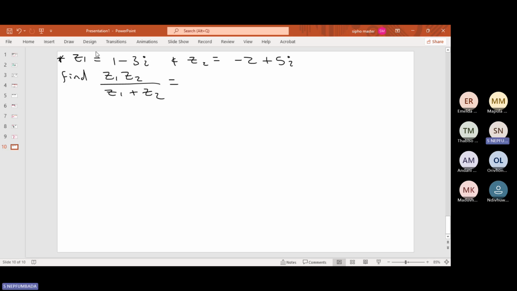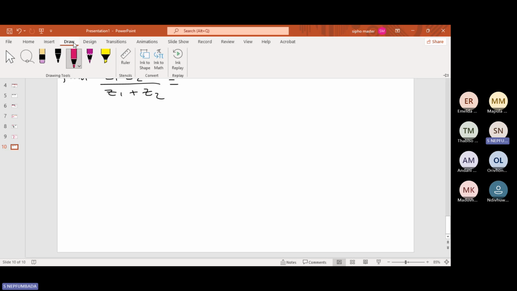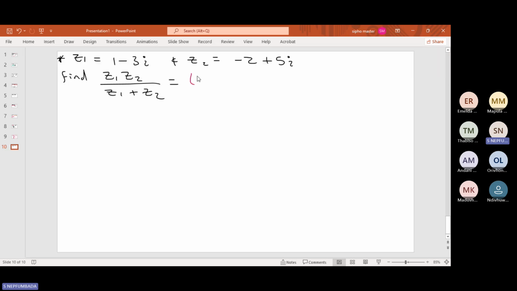So this is nothing but going to be equal to, substitute your Z1, 1 minus 3i, your Z2, minus 2 plus 5i, then divided by your Z1, 1 minus 3i, plus your Z2, minus 2 plus 5i. Are we fine?